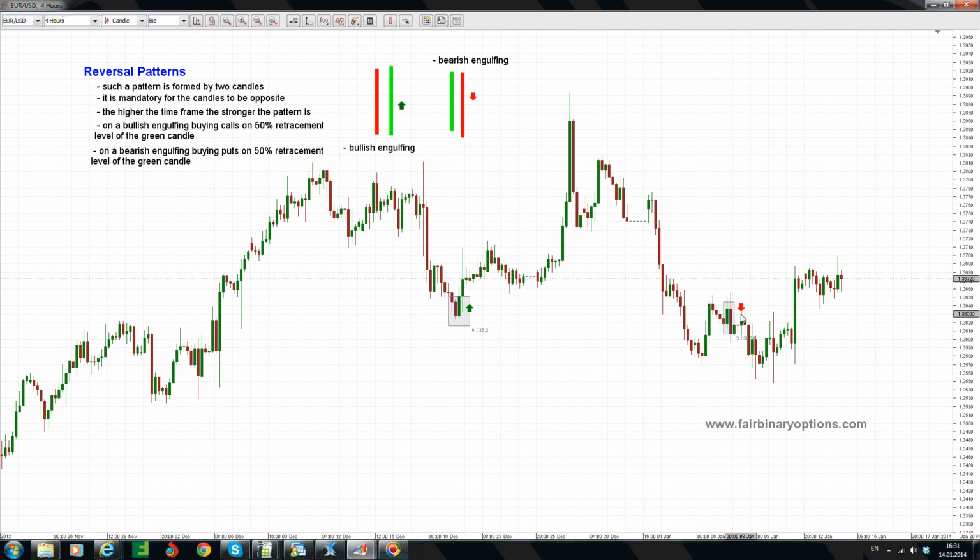Sometimes the reversal pattern is so strong that you don't even have the chance of entering the market, because the market will just continue and the 50% retracement is not coming. But better missing some trades than staying only on losing ones. Therefore, this is how you should properly trade binary options with reversal patterns, in this case bullish or bearish engulfings.